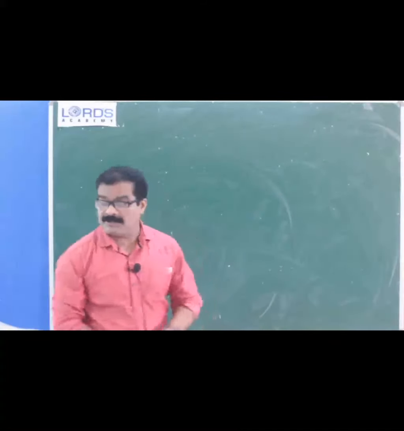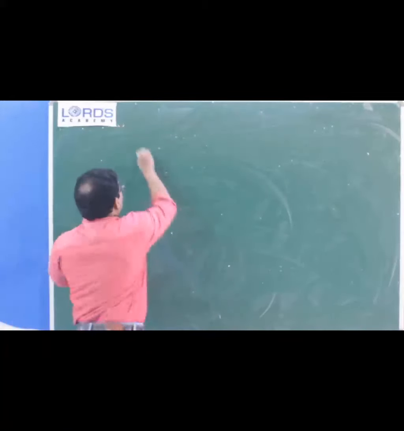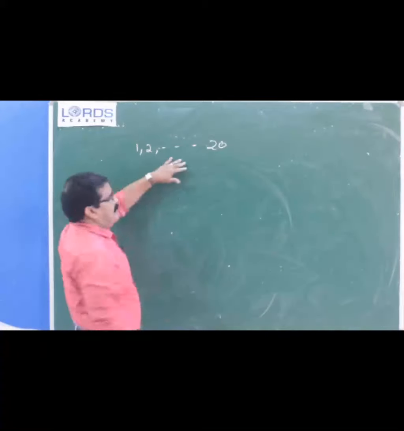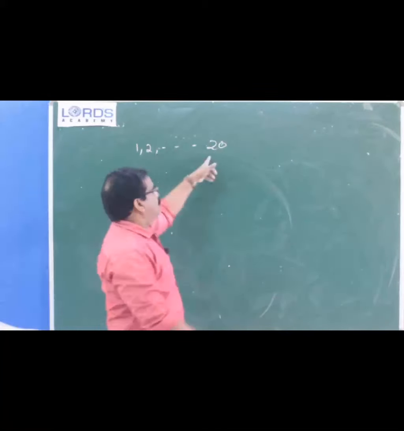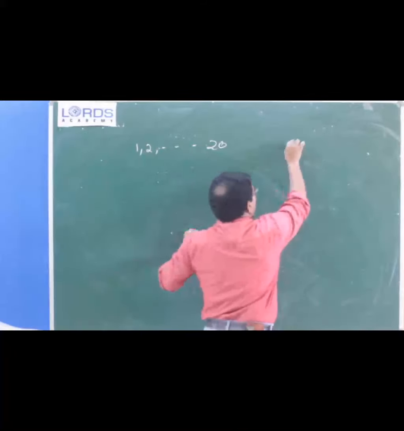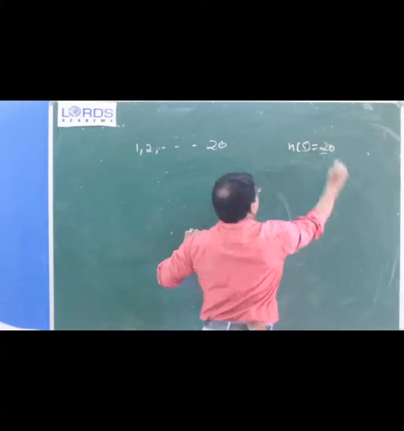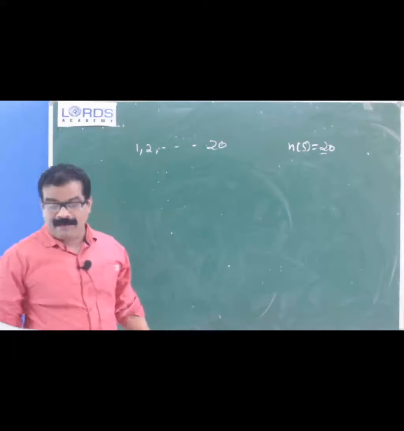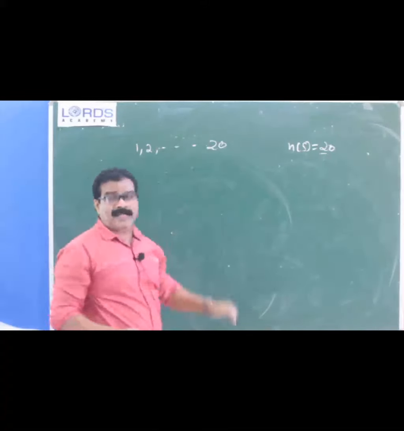Give me the answer, please. 20 numbers are there. Total possible cases, n of S, is equal to 20. Then favorable cases: what is the probability of getting a prime number?